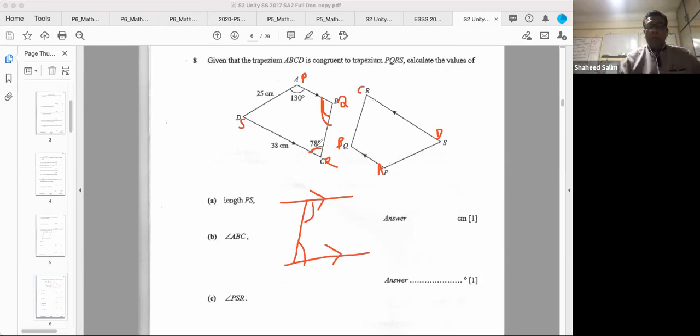Now PSR. This one, which is we are talking about D. Because we have the thing here, I can know it's here. So you can find.